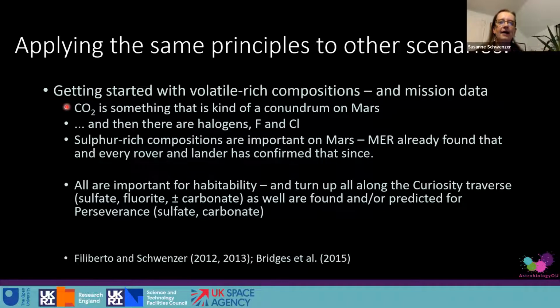Perseverance in Jezero crater will hopefully traverse to an area where we saw carbonates from orbit. So that's something to be looking forward to, and that we are currently trying to model in what could be the reaction pathways there, what would be the kind of microbial communities that could be supported in that scenario.